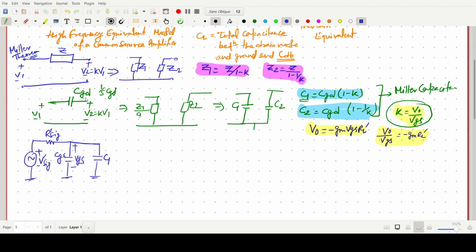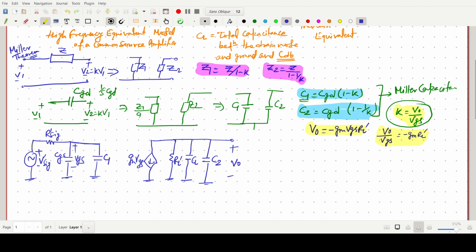Now CGD is transformed into the corresponding bridging capacitance. So I am writing C1. Now on the other side we can make the other diagram: this one will be our GM VGS, and RL dash is already there, and one more capacitor is there, so write it as CL, and one more capacitor due to CGD, C2, so this one will be the output voltage.